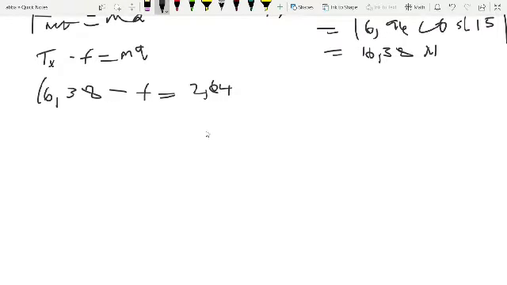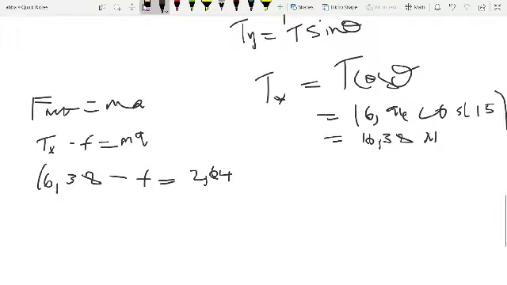We can take this to the other side and see if we reach the answer. Oh, sorry. Acceleration, we're not going to use the 2 kg mass, so we're going to use 8 multiplied by 1.32, right? Like that.